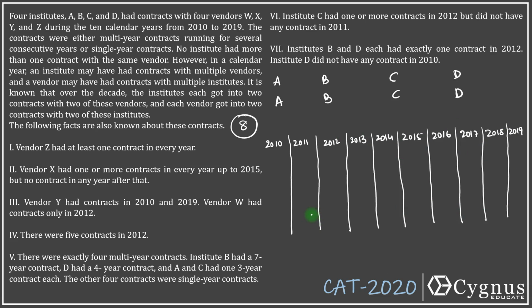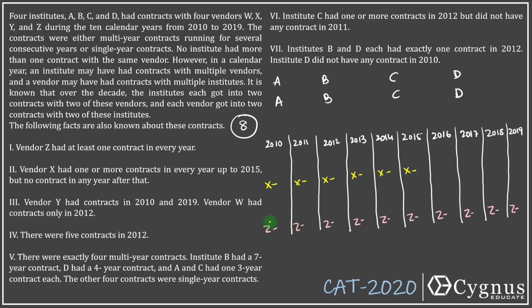Of which I know vendor Z had at least 1 contract in every year. Vendor X had 1 or more contracts in every year up to 2015, but no contract in any year after that.